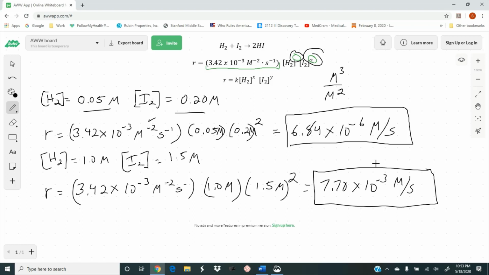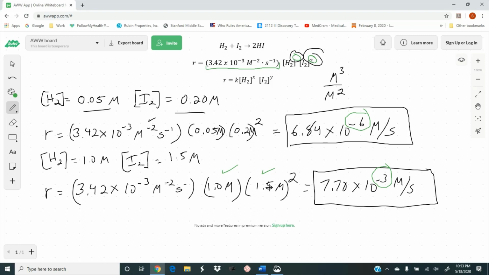You will notice then that my rate is much larger now. It's 10 to the negative 3 versus 10 to the negative 6. That's like 1,000 times faster. That's because we plugged in higher concentrations. So this shows you that concentration does have an effect.